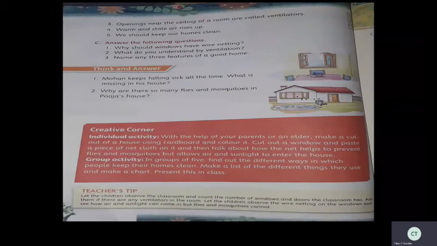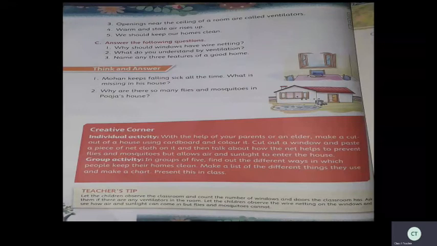Then second point, doors and windows should have wire netting to stop flies and mosquitoes from coming in.